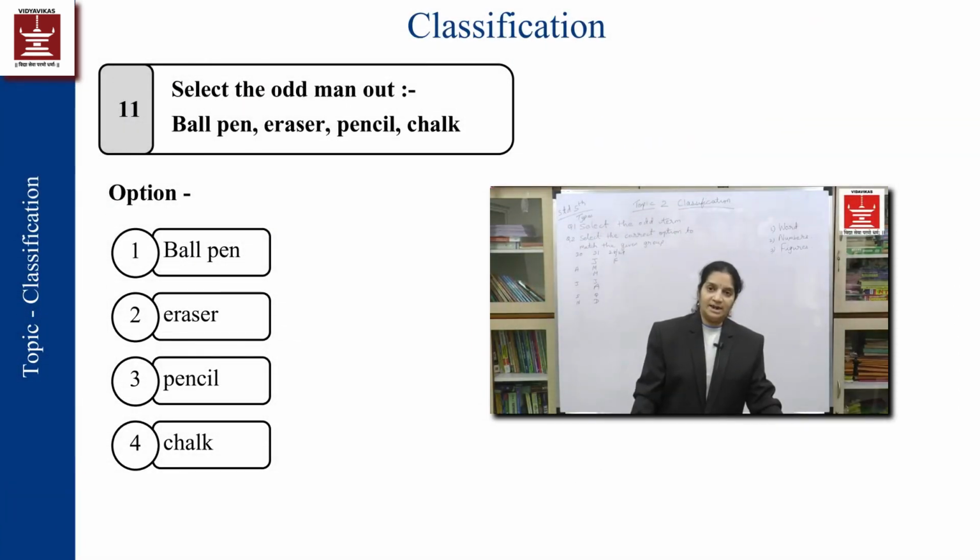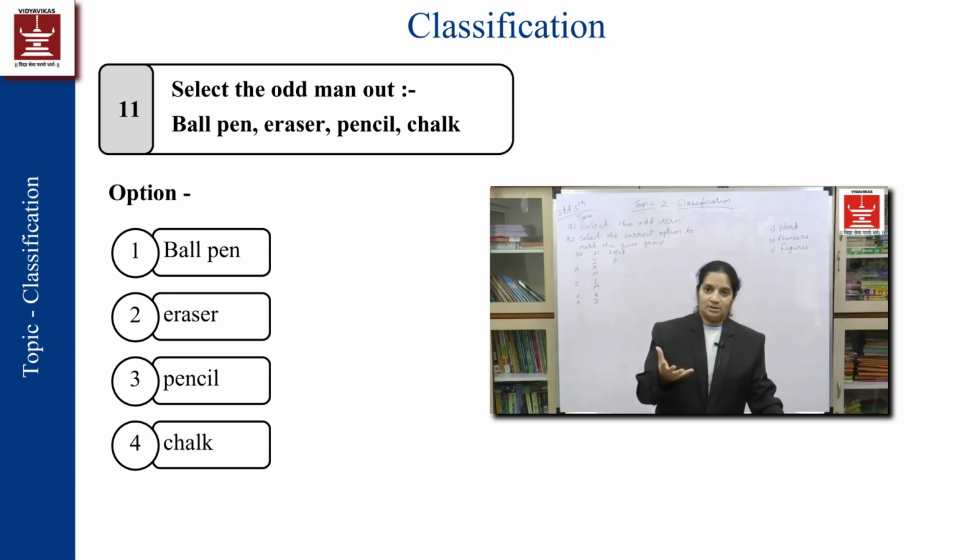Ball pen, eraser, pencil and chalk. Now here you need to identify a criteria, because most of the things have already been done: living, non-living, or districts and cities, or the grammar part where you have young ones and dwellings. So it is just memory that you are going to pick up. This is the one which you have not done, where you are using an implementation-based approach.